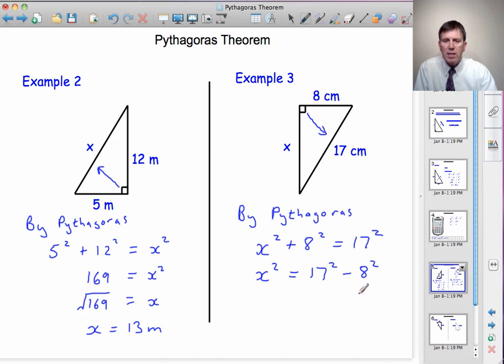But we can feed that into the calculator the same way. We can say x squared equals, and type into the calculator 17, hit the x squared button, minus 8, hit the x squared button, equals, and that comes to 225.